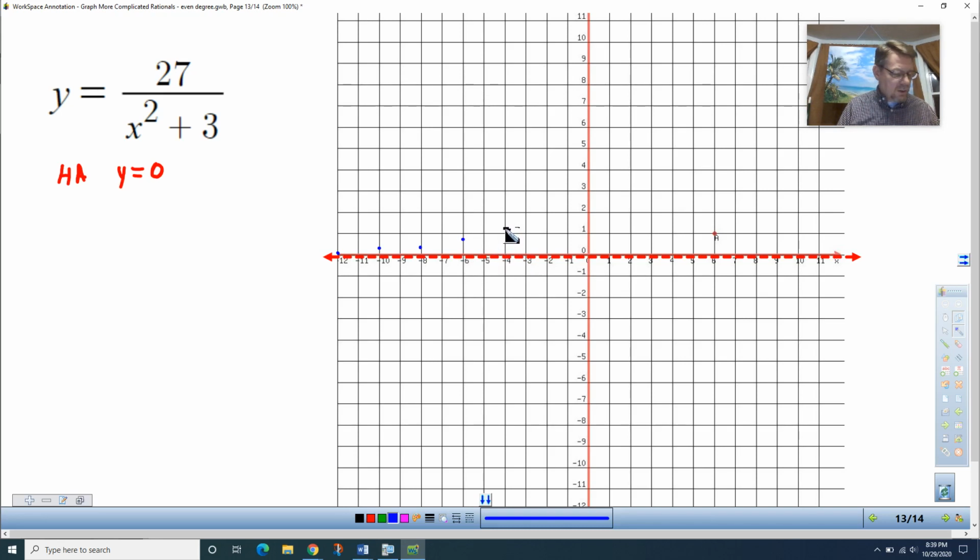Okay, we got a pretty good jump there, didn't we? And then negative 3 is 2.25, right about there. And negative 2 is 3.9. Negative 1 is 6.75, right there.